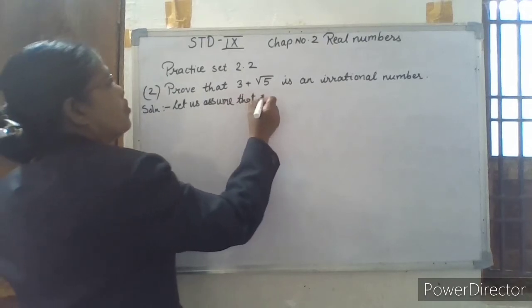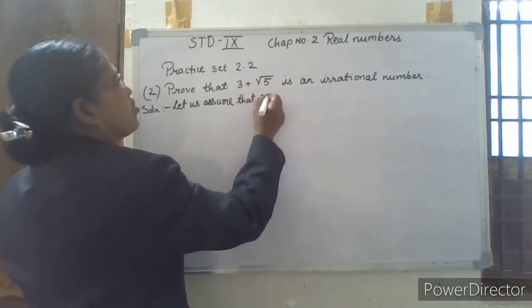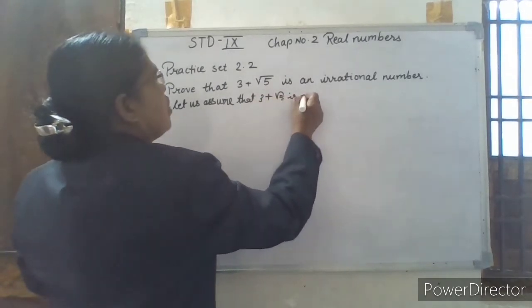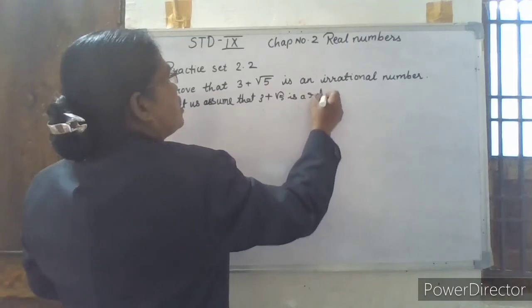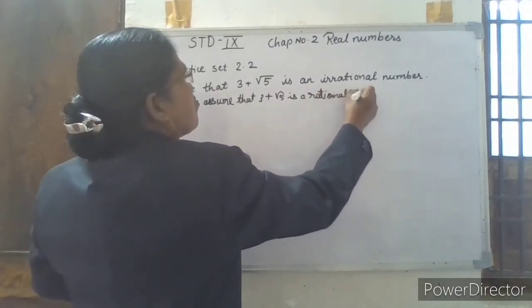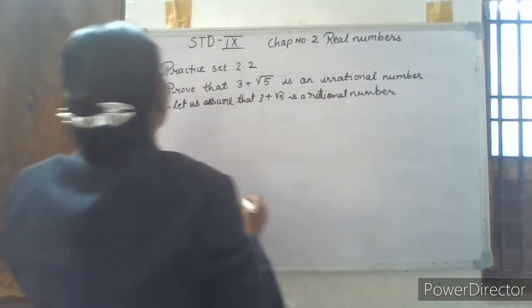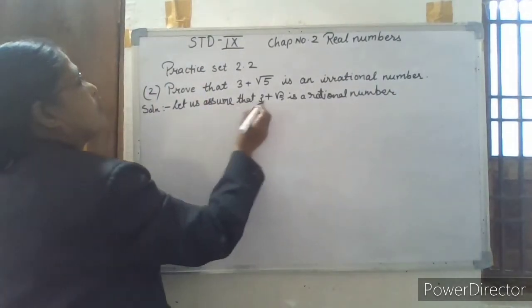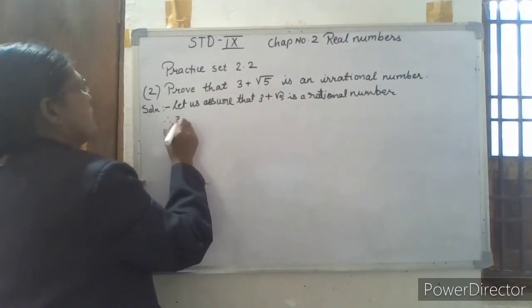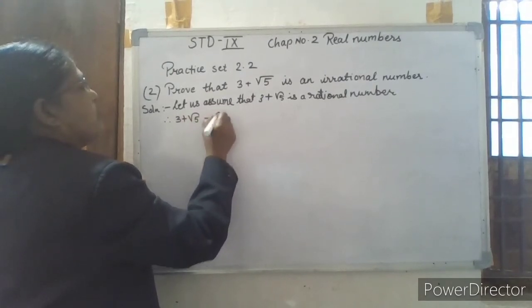So let us assume that 3 plus root of 5 is a rational number. Now we got this is a rational number, therefore 3 plus root of 5 is equal to a by b.